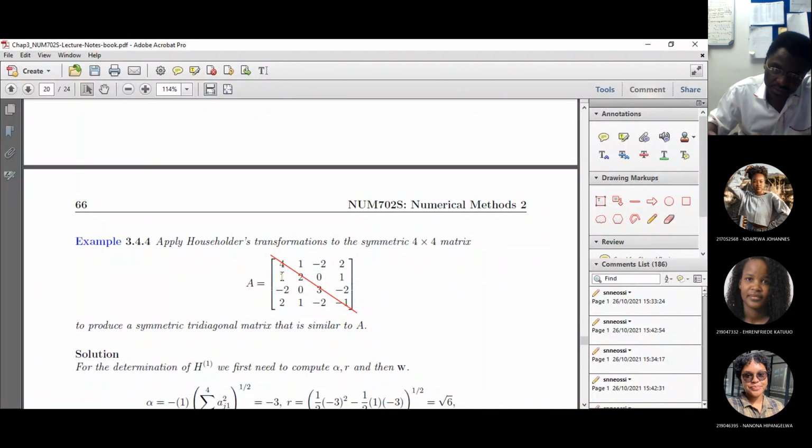And then to see if it's symmetric, you draw a line like this. You see that those 2 points are the same, 1, 1. Another line like this, negative 2, negative 2.